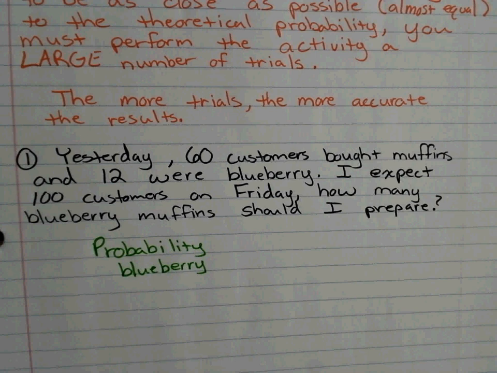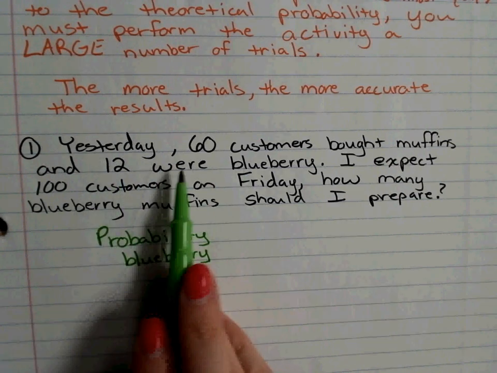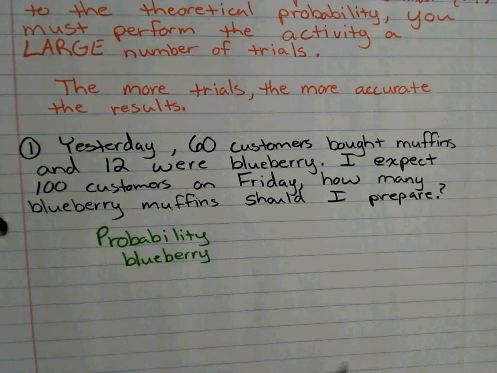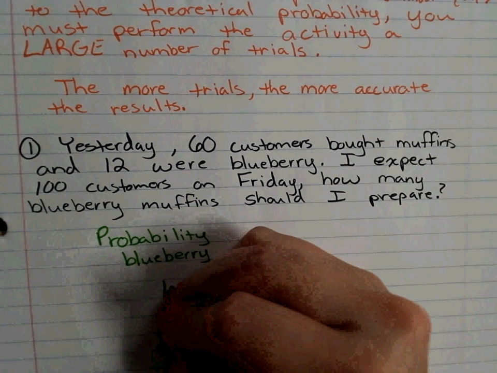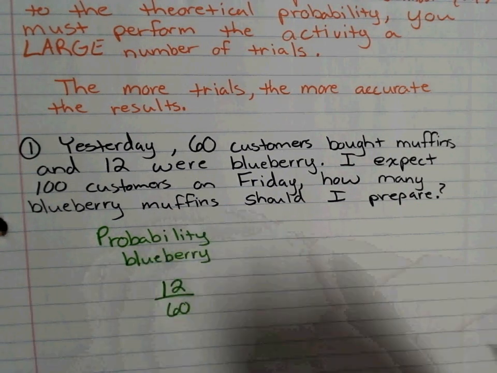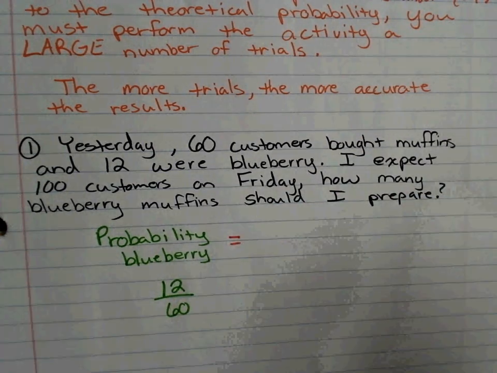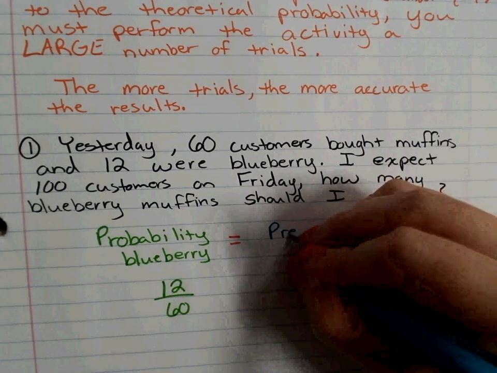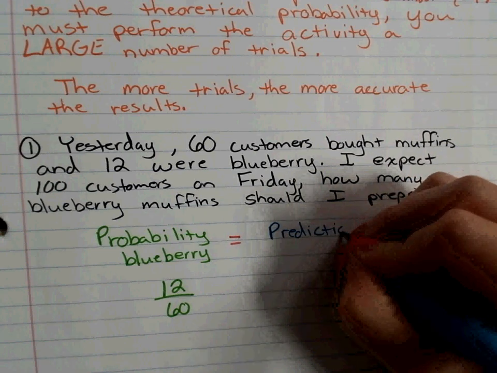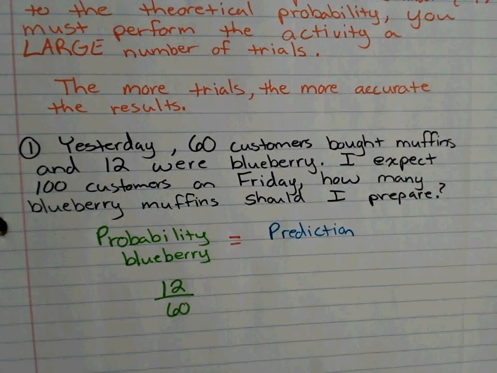So the probability of blueberry is 12 out of 60, isn't it? Because that's what happened. We had 12 that occurred out of 60. And then I'm going to set that equal to what I want to predict, making a future prediction of blueberry.